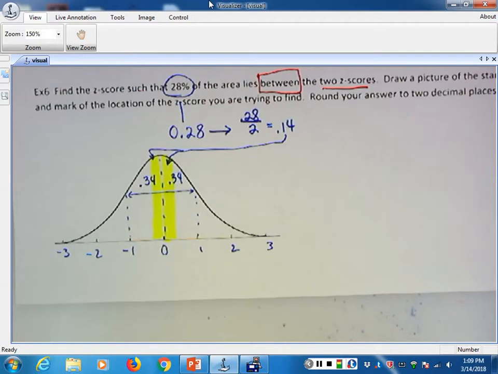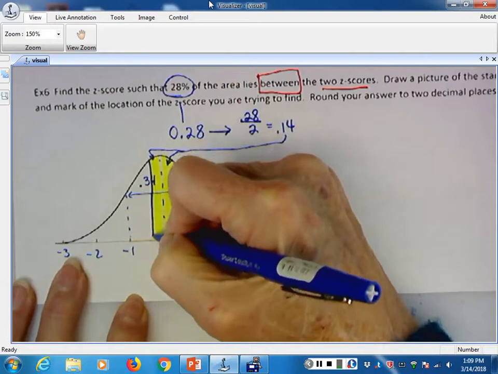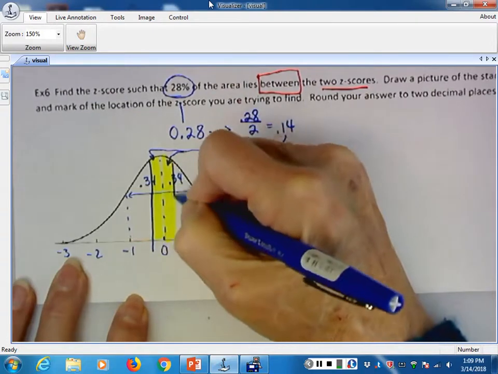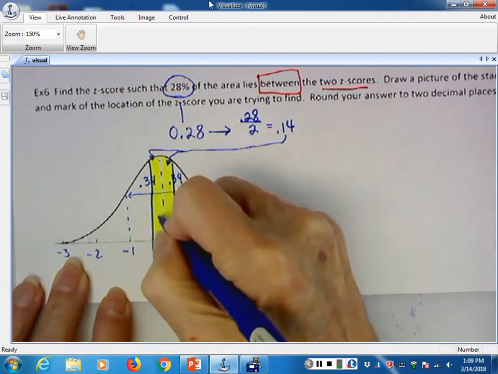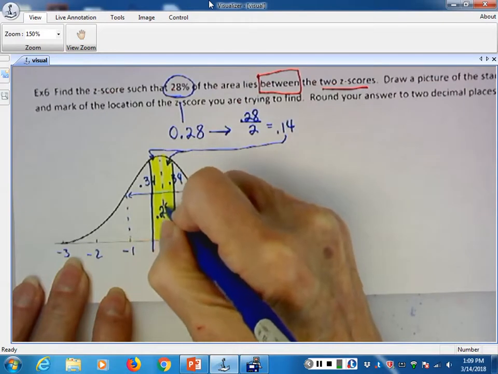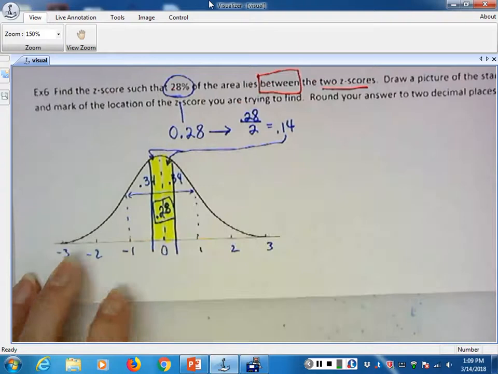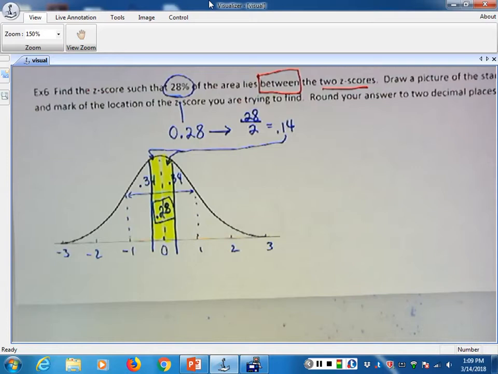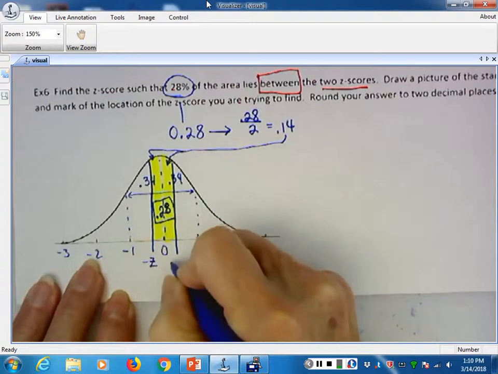And added together, this total area is 28%. There's my 28% area that they told me to put between. Okay? So I assumed it was in the center. You have to, or you can't do the problem. And that means I have a negative z-score, and I have a positive z-score.